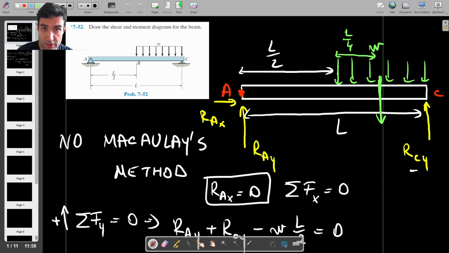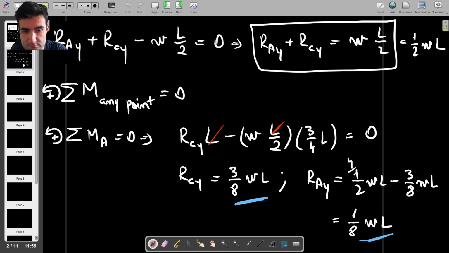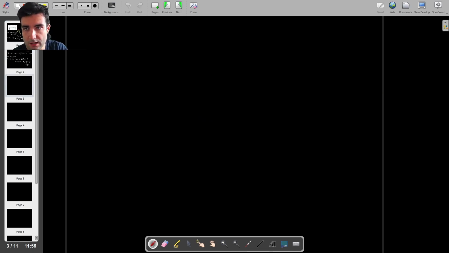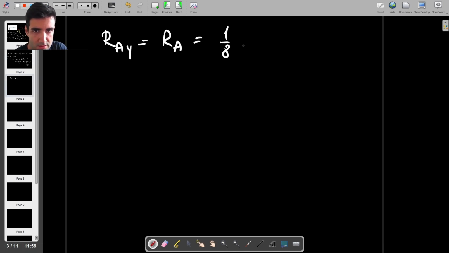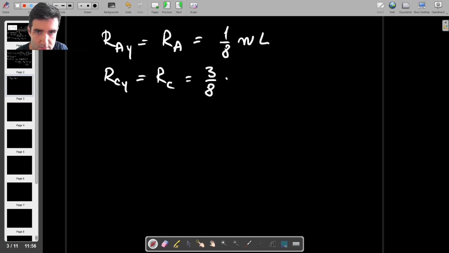Okay, so the reaction force at C is going to be higher, which is consistent with what we just found. So I'm actually going to drop the subscript Y because we don't actually have any X reaction forces. So I'm just going to call RAY as just RA, and this was 1 over 8 WL. And my RCY is going to be RC, which is just 3 over 8 WL.